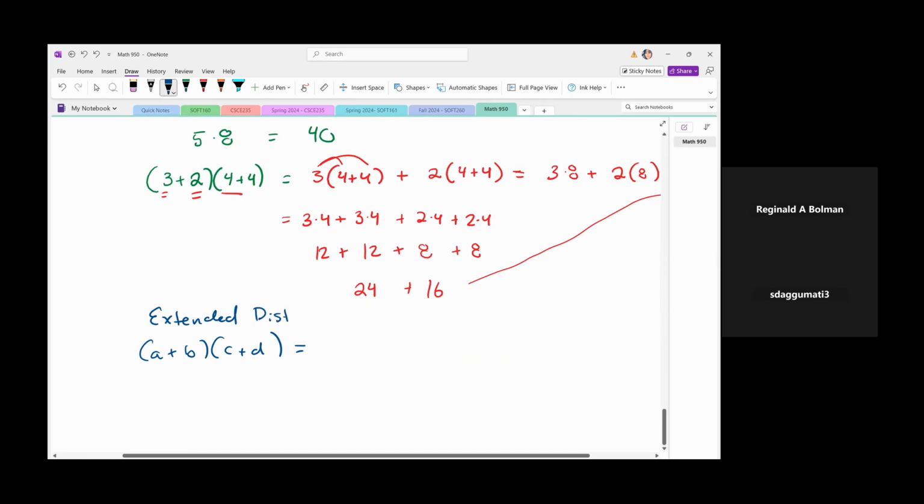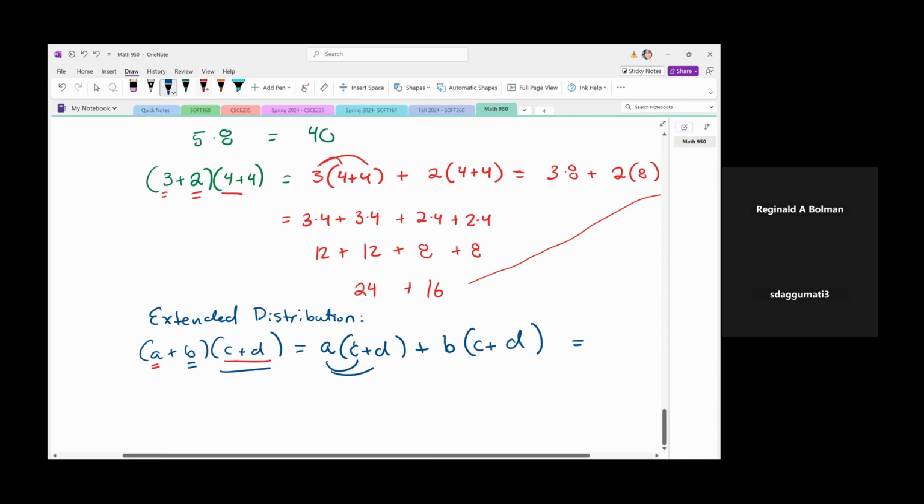We may have discussed extended distribution in one of our earlier lectures, but more formally, what you do with extended distribution is you take your first number of the first set of parentheses and multiply it with everything in your second set of parentheses. You then add this with the second term of your first set of parentheses multiplied with everything of the second set of parentheses, so your C plus your D term.